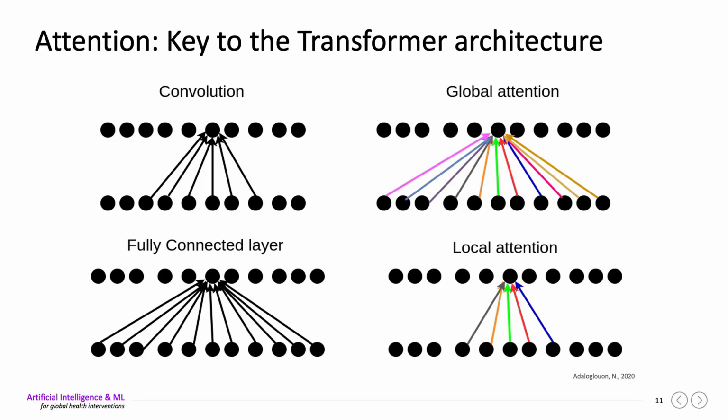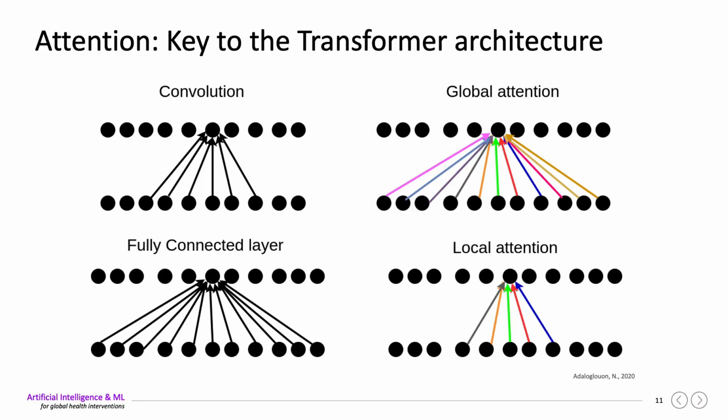In global attention, top right, each output can attend to every input, but the connection strengths, shown as colored arrows, are computed dynamically from the data. In local attention, bottom right, attention is restricted to a nearby window, a compromise that reduces computation. The essential difference is that attention weights are input dependent and learned on the fly, unlike the fixed weights of convolution or dense layers, which is what gives transformers their flexibility.